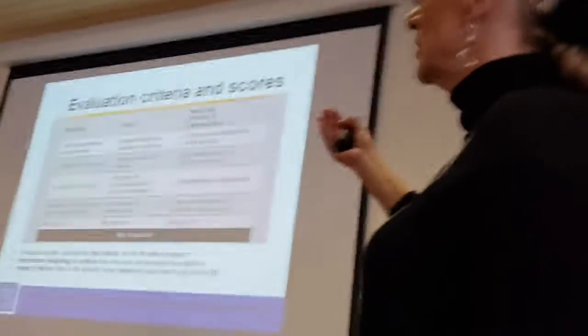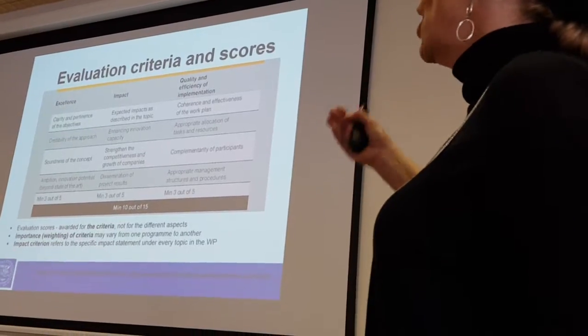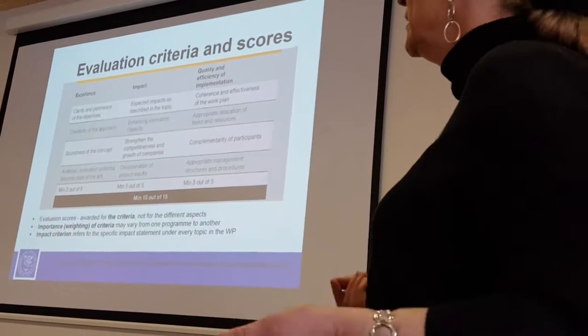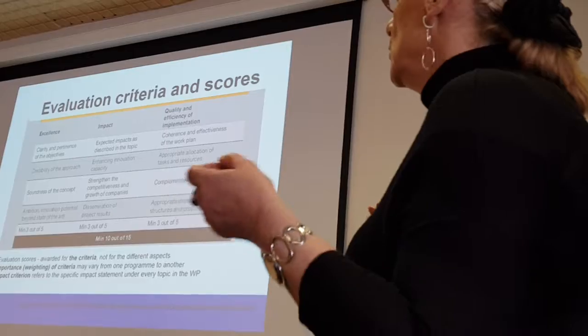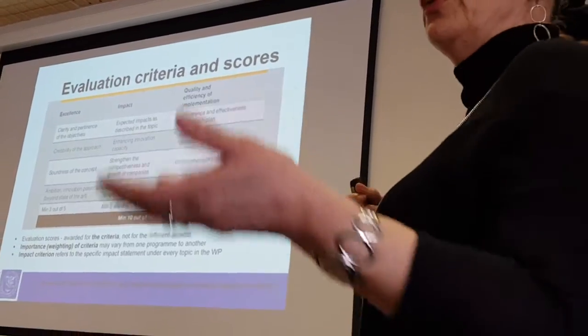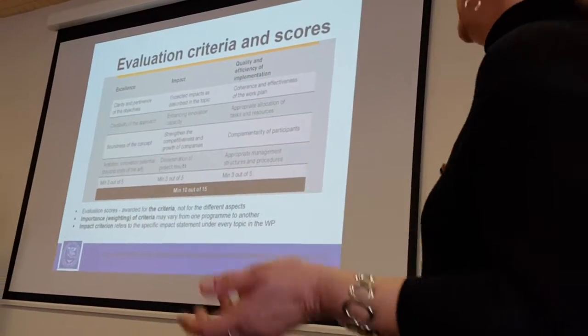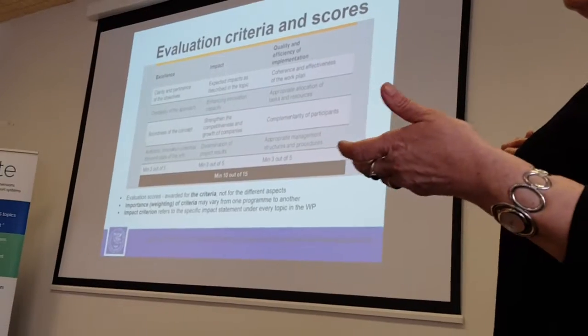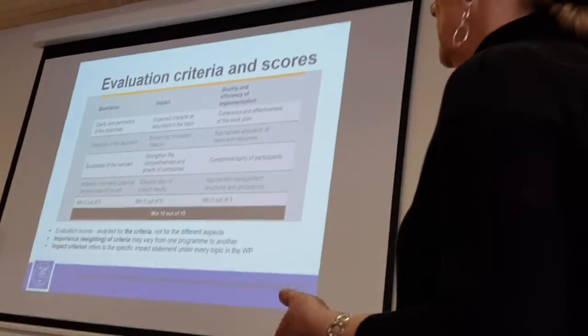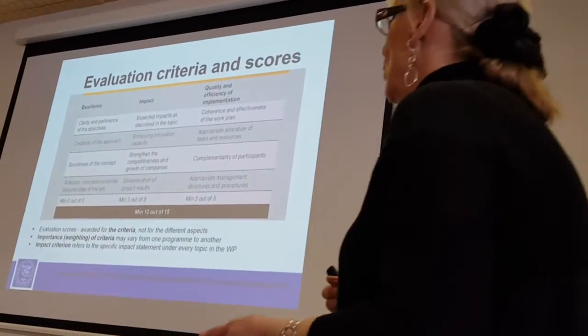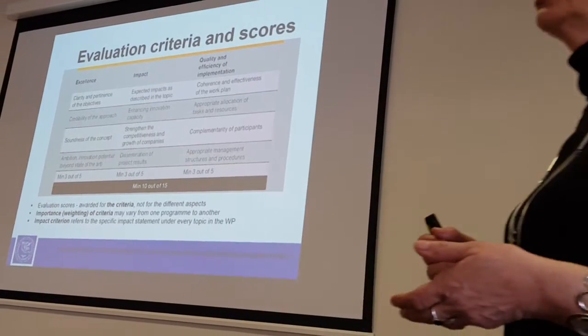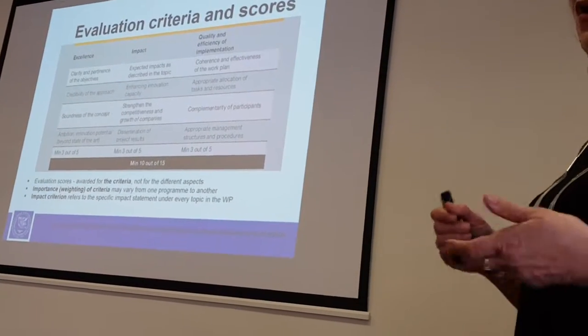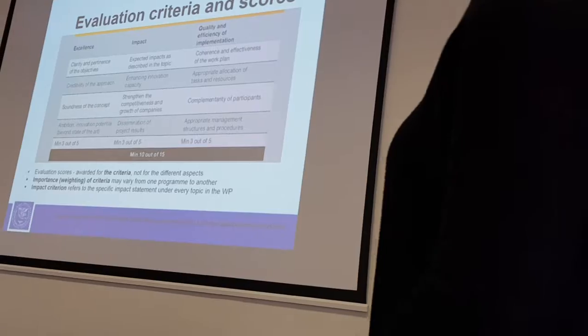So they should really address how clear and pertinent your objectives are, if the approach you are proposing is credible, if the concept is sound and convincing, what the ambition or innovation potential is, and whether your proposal is really going beyond the state of the art, and so on.